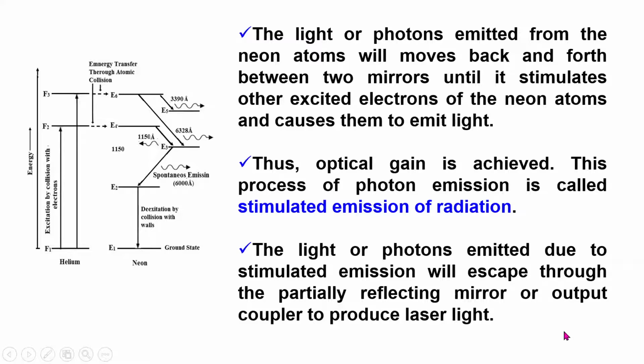So you have to remember here that the helium atoms transfer the energy to the neon atoms, and the neon atoms go to the excited state, and after that there is the transition from the metastable state to the ground level. We observe the radiative and the non-radiative types of transition.